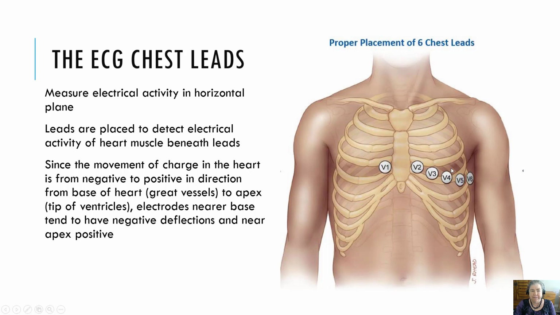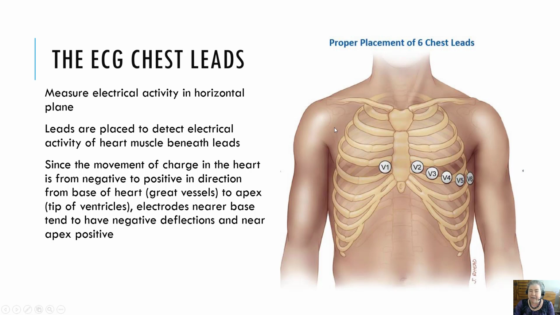In general, the movement of charge in the heart from negative to positive is directed from the great vessels, the pulmonary artery and aorta, at the base of the heart, to the apex, the tip of the ventricle. Electrodes that are close to the base tend to have negative deflections, and this is the base.